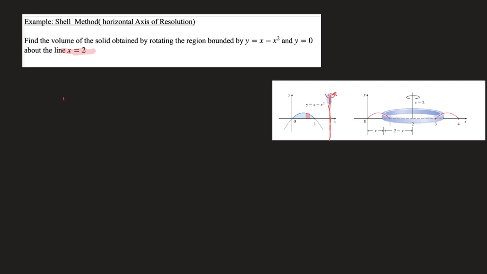Using the shell method means we're going to have 2 pi integral dx. What do you fill out here? Radius and height. Before we fill out the radius and height, we're going to find the interval of x. The interval of x is 0 and 1 from the graph. First, find the radius.